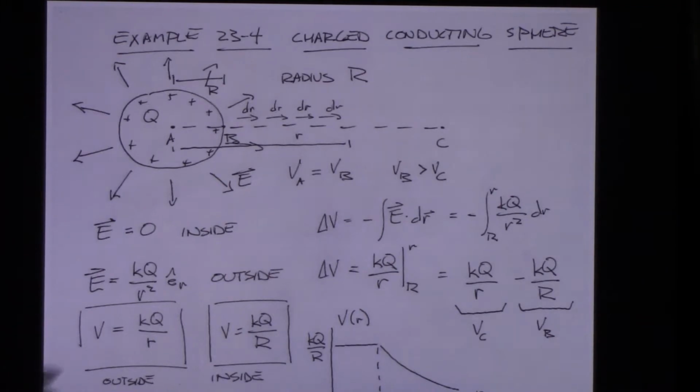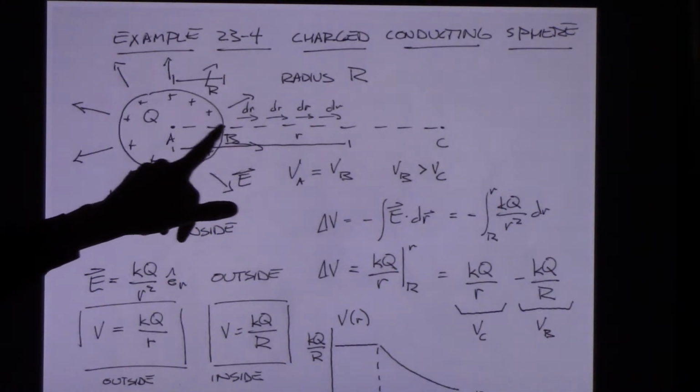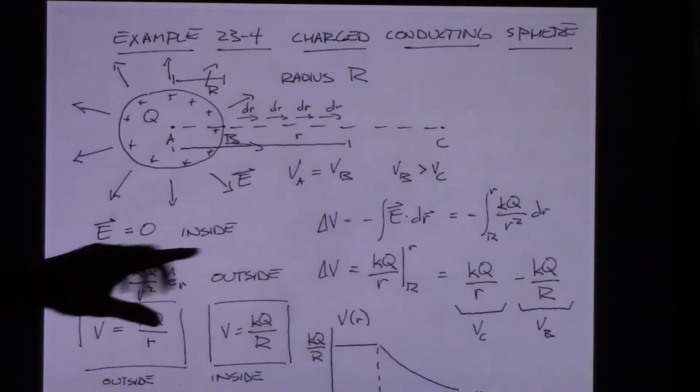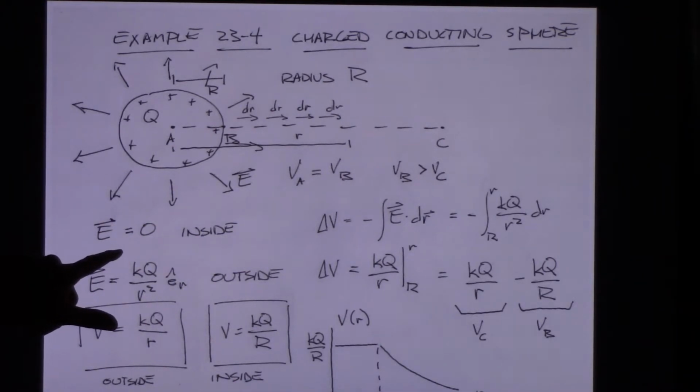So let's think about this. Little r could be a point between A and B, which is inside the sphere. There's no electric field there, and that's because it's a conductor. We learned about that in chapters 21 and 22. If there's a conductor, the charges will keep moving until the E field goes away.